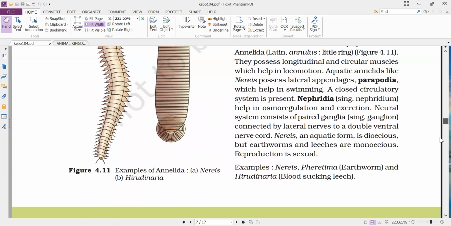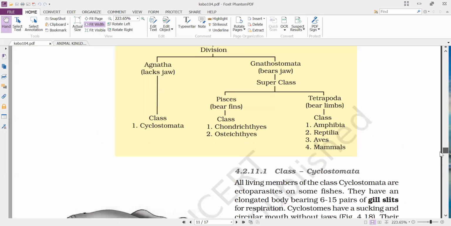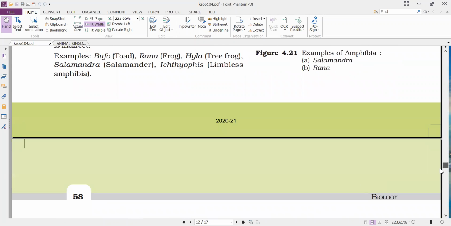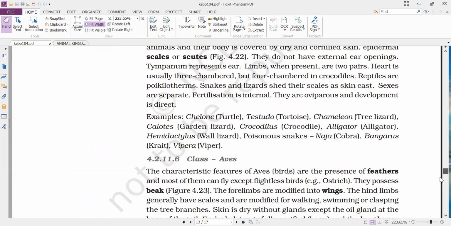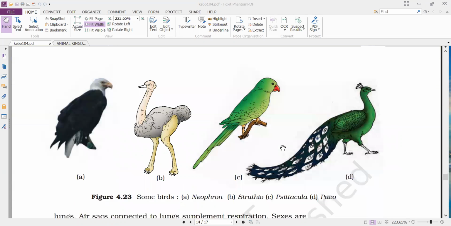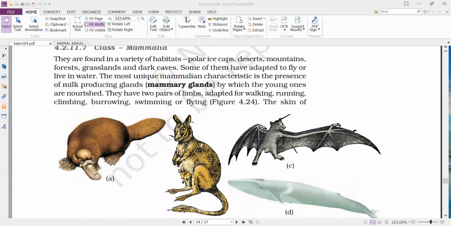And next, we'll recall by comparing the different characters exhibited by the organisms included under the different phyla.